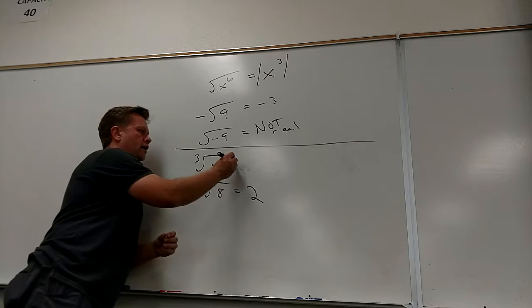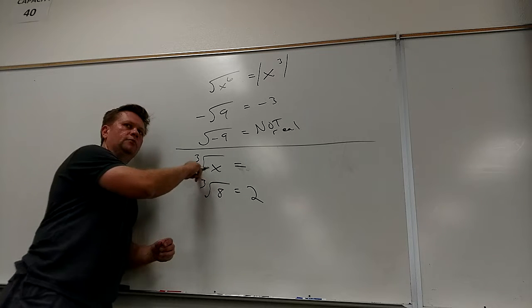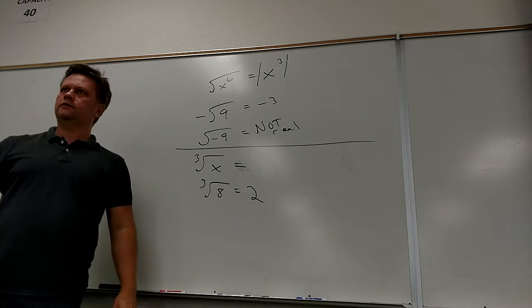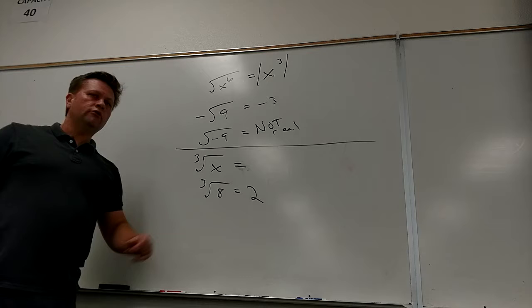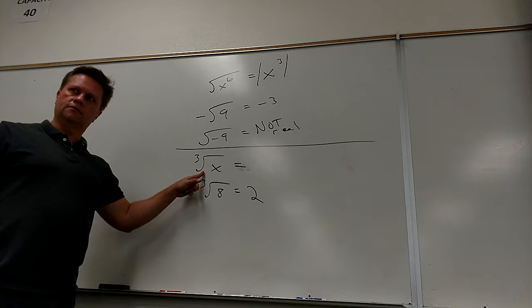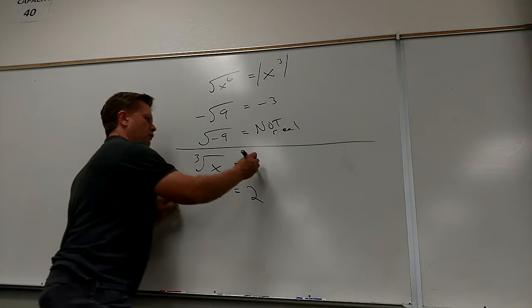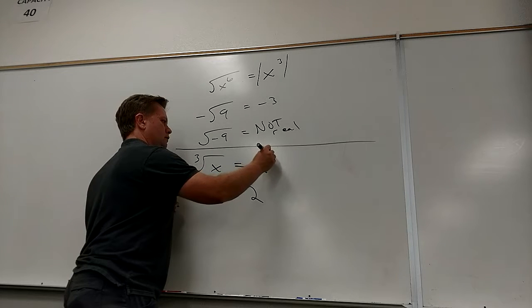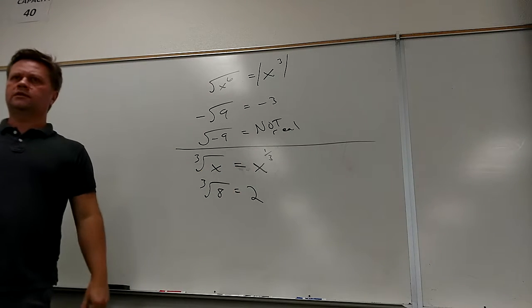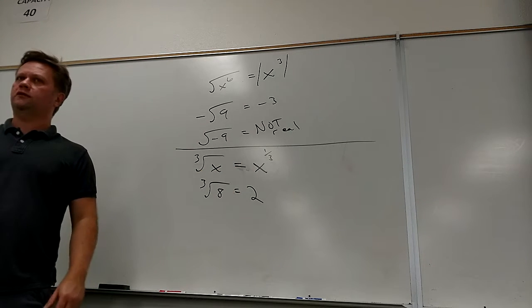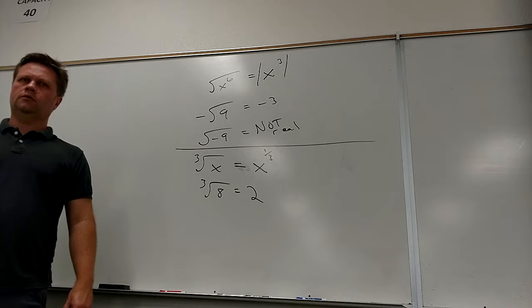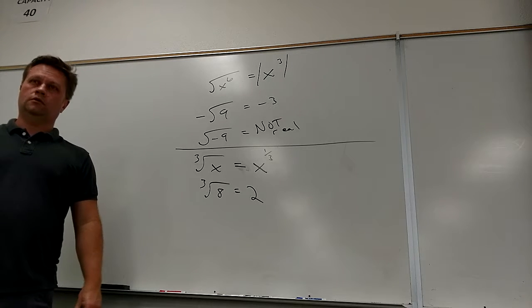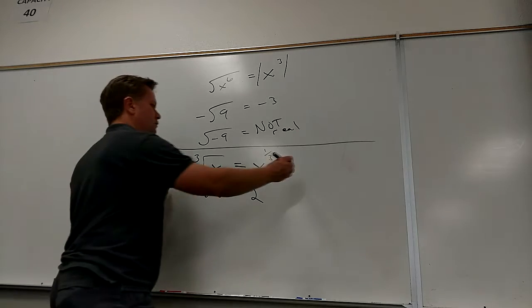So that's why there's another way to write this. In my opinion, a better way to write this. You guys might not agree with me because you're more used to this symbol. But the better way to write this is x to the 1/3, because it takes 1/3 of something multiplicatively. So what would 27 to the 1/3 power be?